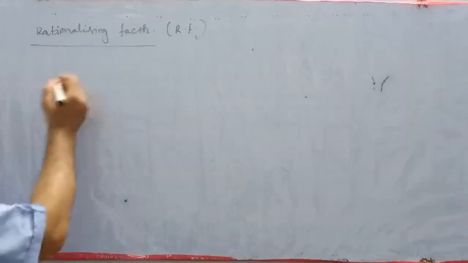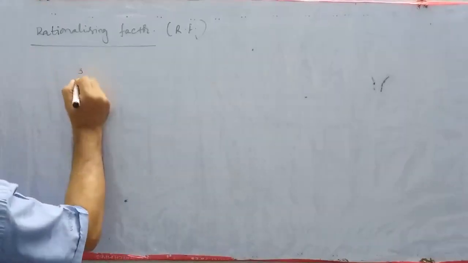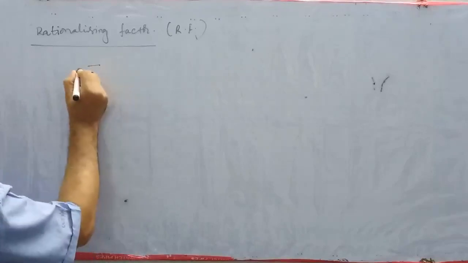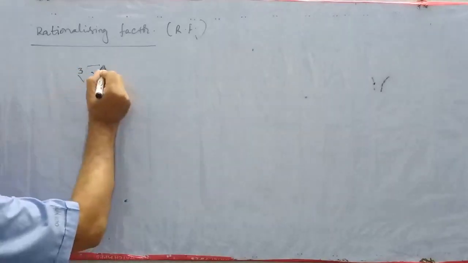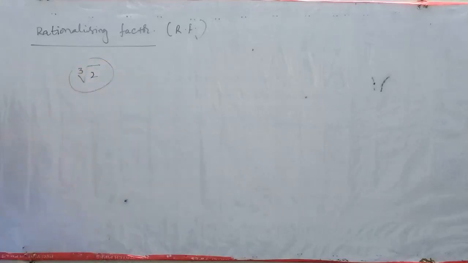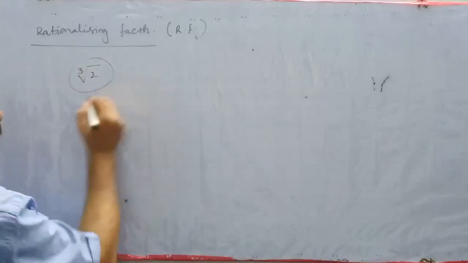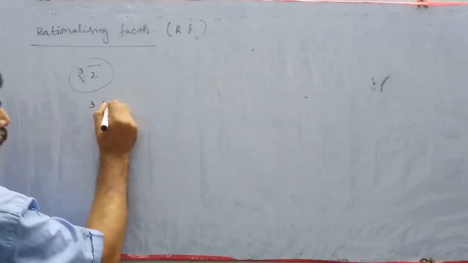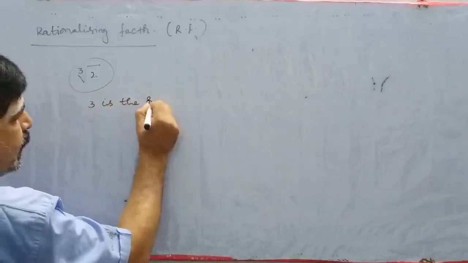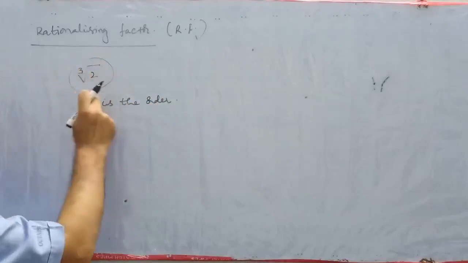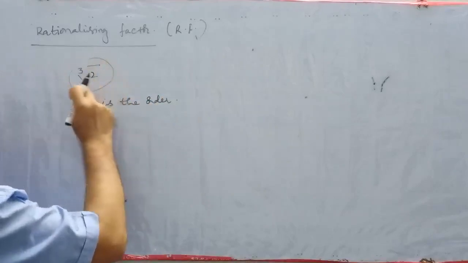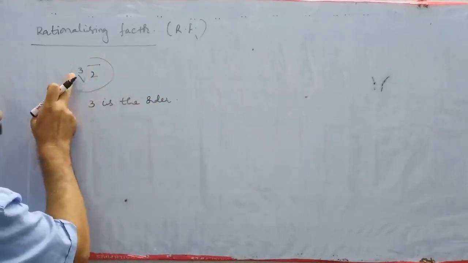Okay, next example, cube root of 2. Okay, cube root of 2. What is the order of this cube root of 2? Here 3 is the order. Okay, how much is multiplied by this cube root of 2?